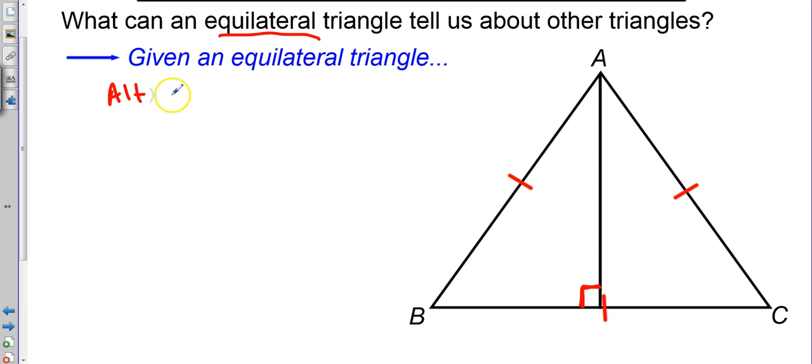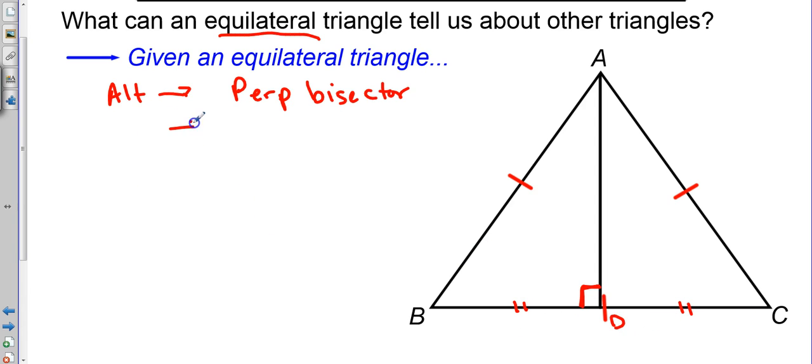So an altitude is also a perpendicular bisector, which means it's perpendicular, which is part of the definition of an altitude, but it also splits that opposite side in half. So this side BC now gets split into two congruent sides, and we'll call this point D here. So BD is congruent to DC.